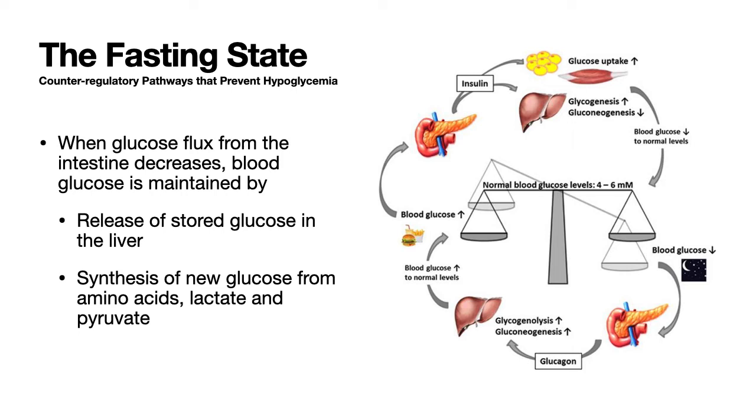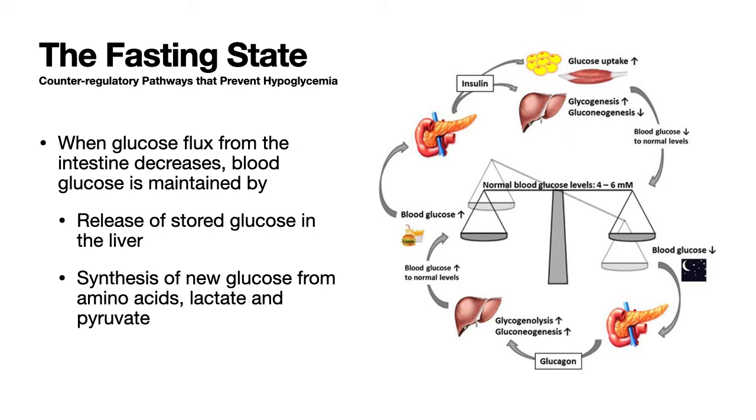Now, this time, when you don't have something to eat, that's the time that the glucose that has been captured by the liver in the form of glycogen is released so that you prevent the blood concentration of glucose from falling down.